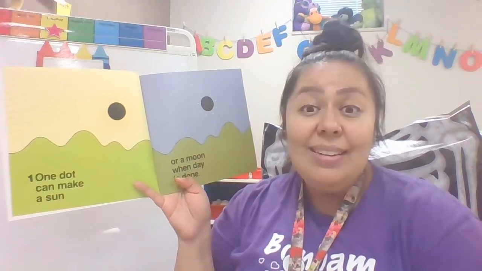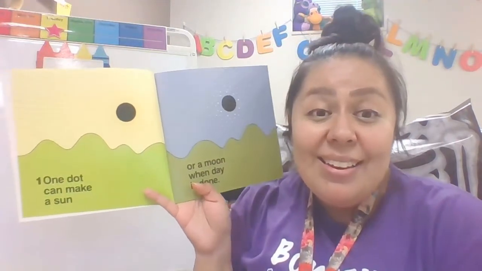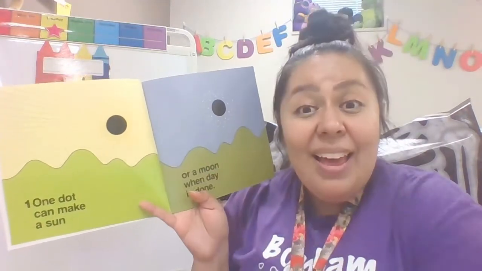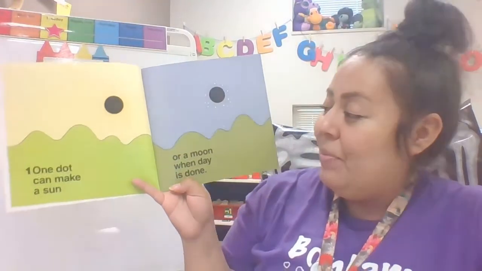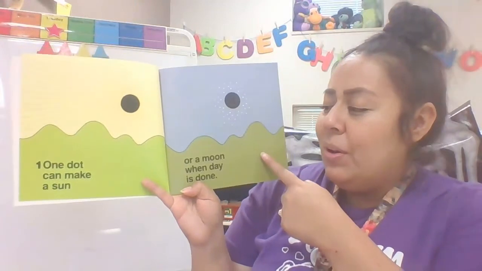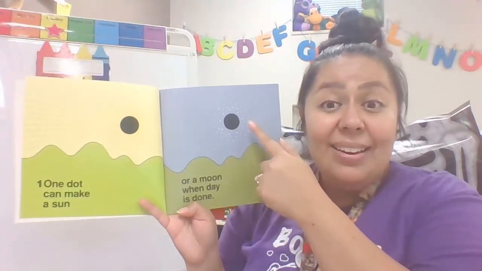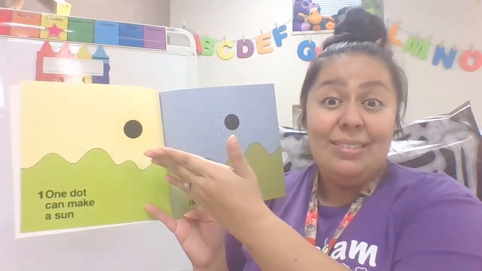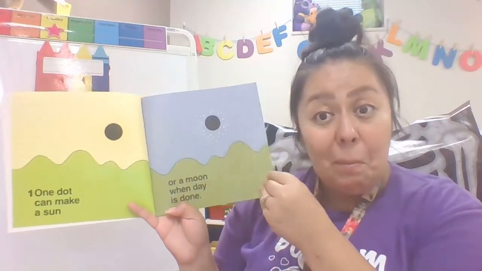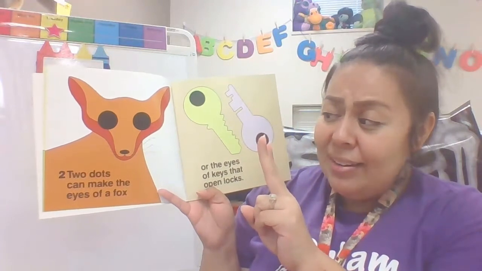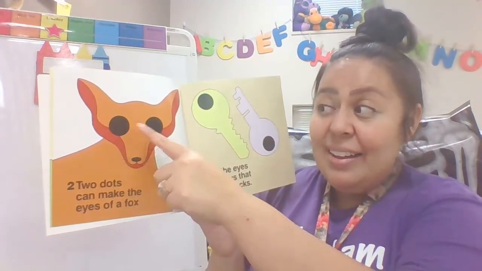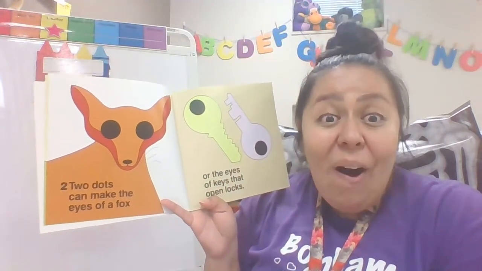One dot can make a sun. Look at that. That dot turned into a sun. Or a moon when day is done. So it could be the sun or the moon. 2 dots can make the eyes of a fox.